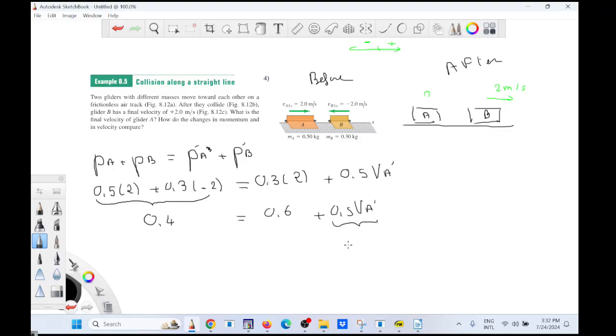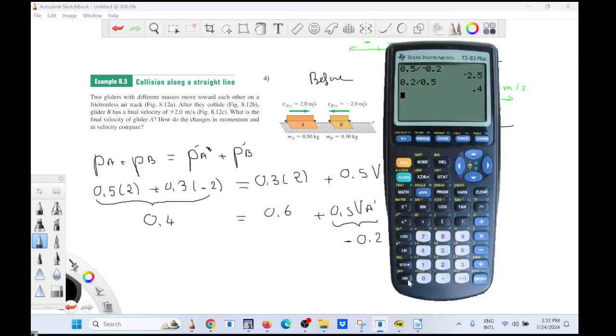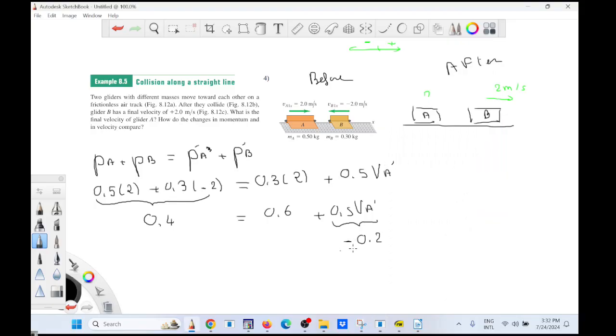So here that should be minus 0.2. If you compute 0.2 divided by 0.5, you get 0.4. But there is a negative. So that means VA prime equals minus 0.4.